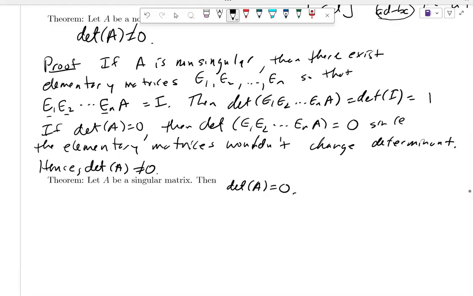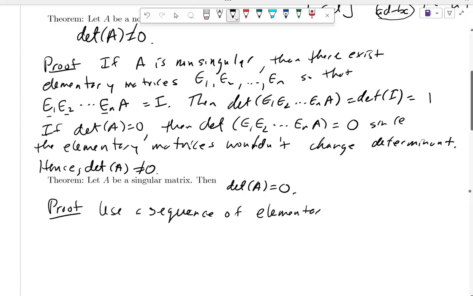It's essentially the same proof. So we're going to use a sequence of elementary row operations, a sequence of elementary matrices.